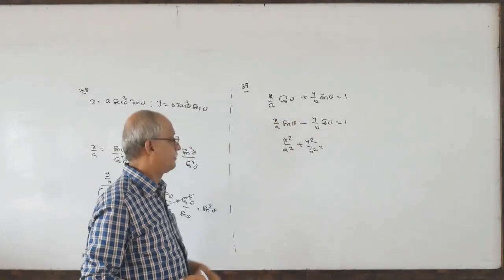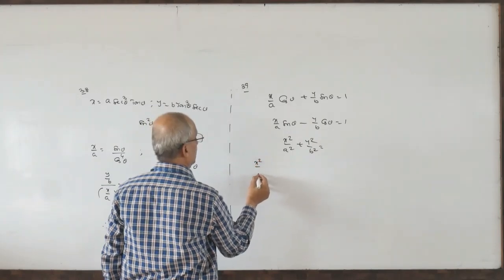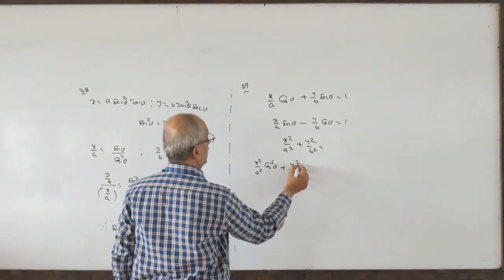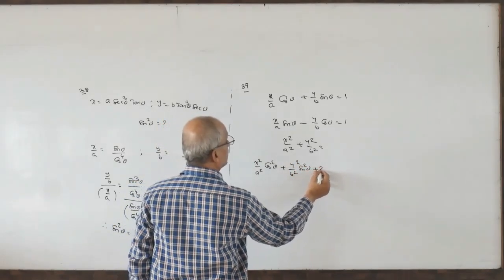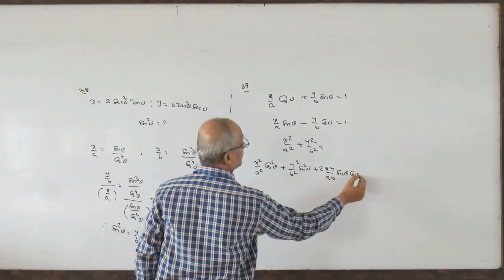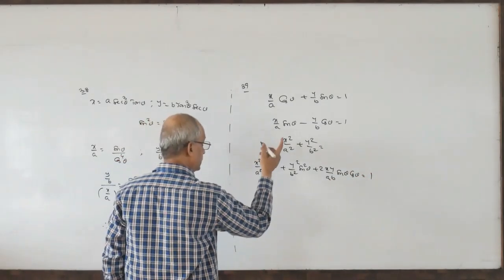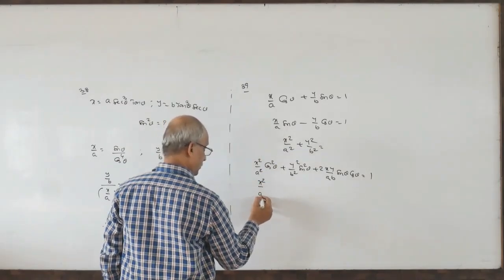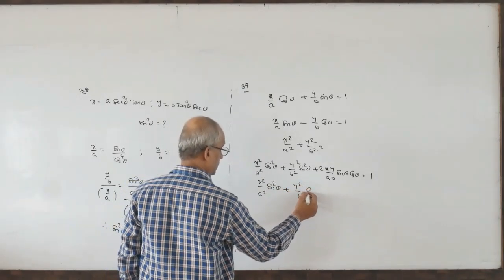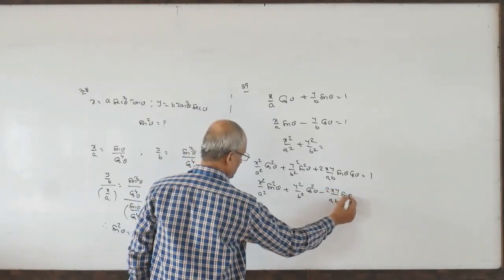Squaring and adding. Okay. Square this: x square by a square cos square theta plus y square by b square sin square theta plus 2xy by ab sin cos is 1. Second equation also, find the square of this whole square: x square by a square sin square theta plus y square by b square cos square theta minus 2xy by ab sin cos.